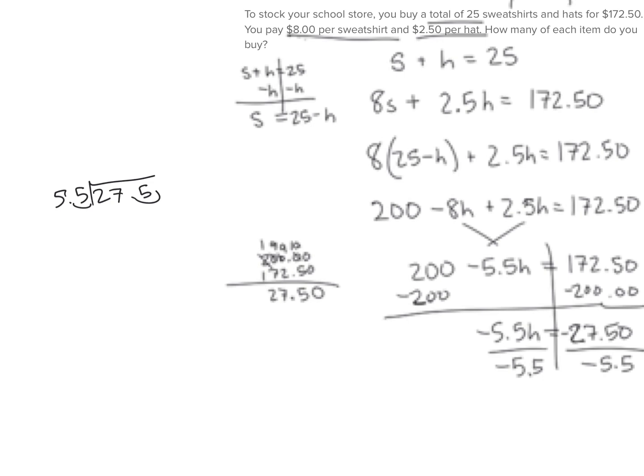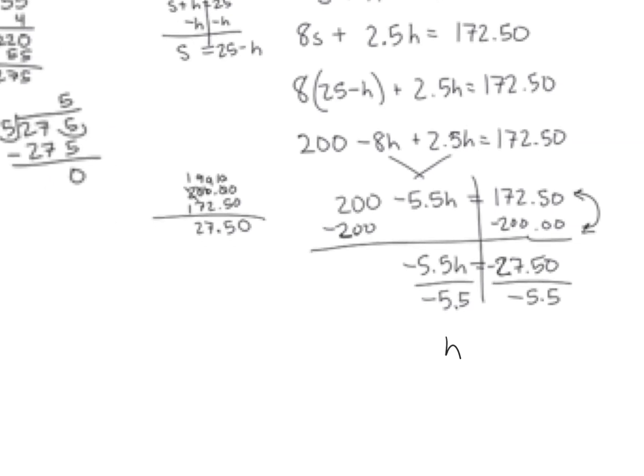Well, if I had to guess, I'm going to say 4. Why not? We're going to guess 4. That's 0. That is going to be 22. Well, maybe I can fit one more in. Oh, would you look at that? It hits it exactly. So I can fit 5 of them in there exactly, meaning the number of hats I bought is 5.